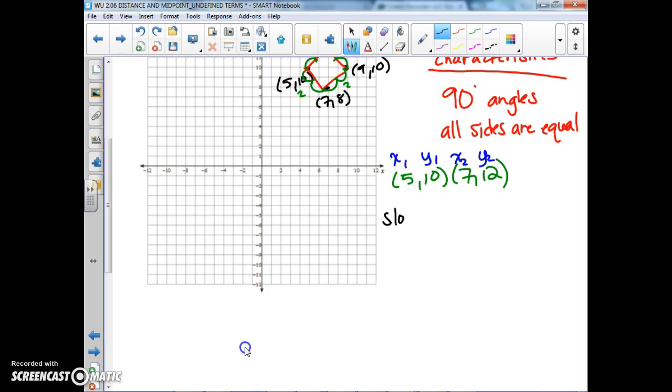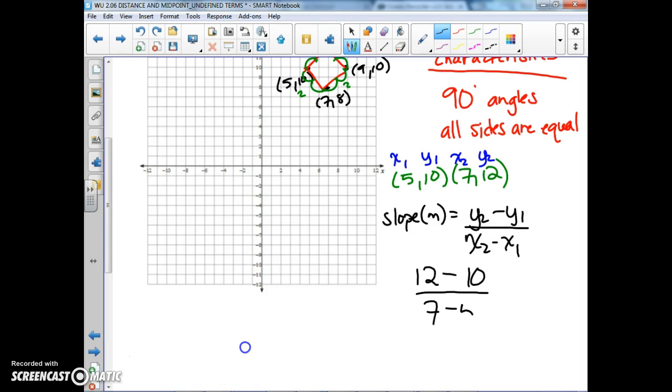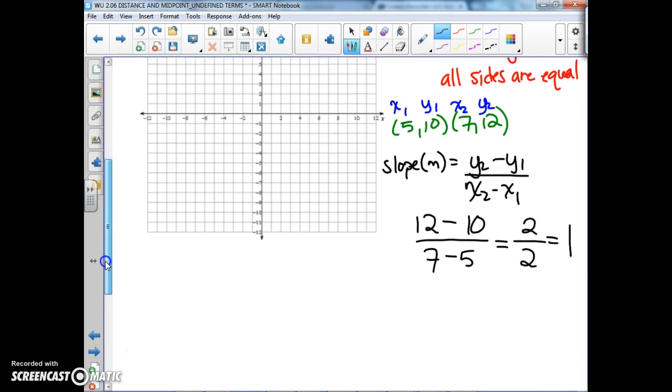So slope is y2 minus y1 over x2 minus x1. And I'm going to take 12. So 12, that's my y2, minus 10. And then x2 minus 5. 12 minus 10 is 2. 7 minus 5 is 2, and simplified, it's 1. Okay, so the slope from (5, 10) to (7, 12) is 1.